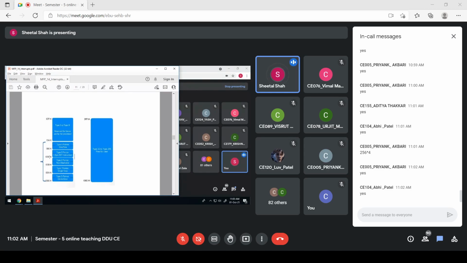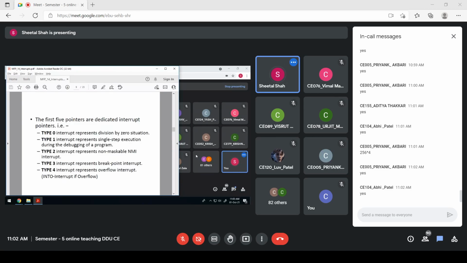Then from 14H to 7FH, that is from type 5 to type 31, these are reserved for future processors, and from 80 to 3FF. So the entire interrupt vector table is ranging from 0000 till 3FFH. So from type number 32 till type number 255, it is meant for the users. Hope everyone is clear.